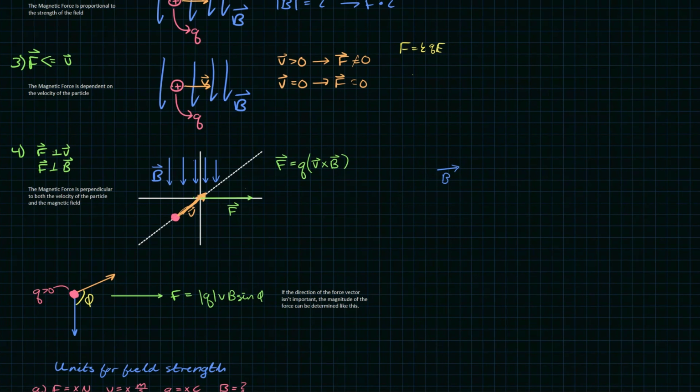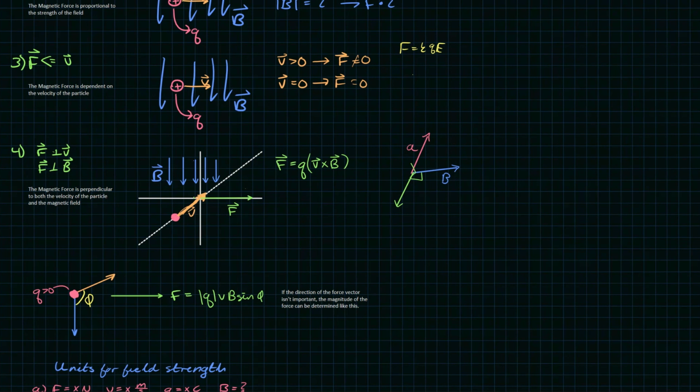Best way to keep track of that is with the right-hand rule. So, with the right-hand rule, if you hold up your right hand and you point your thumb in the direction of the velocity, and then you point your index finger in the direction of the field, which always goes from north to south, then your other fingers, when bent at a 90-degree angle, will point in the direction of the force.